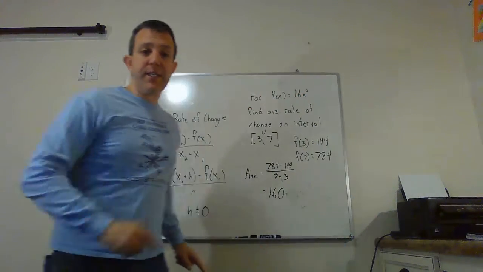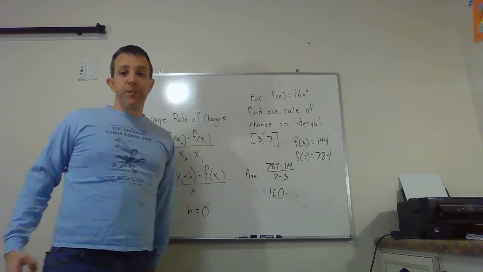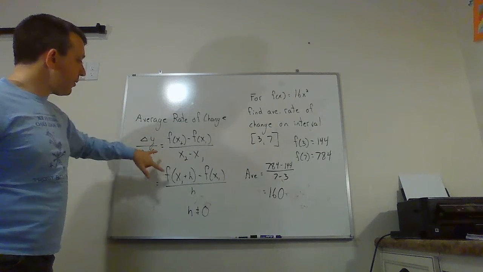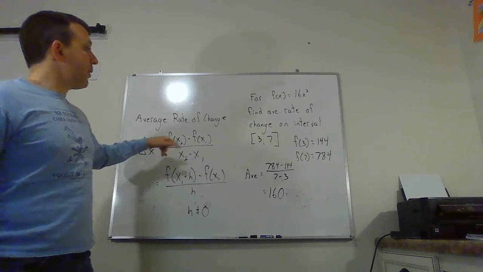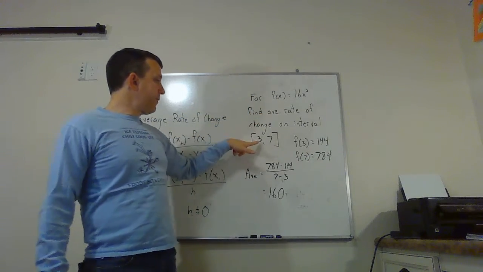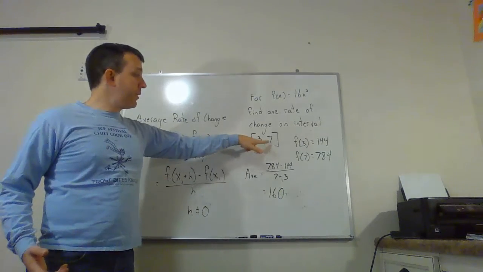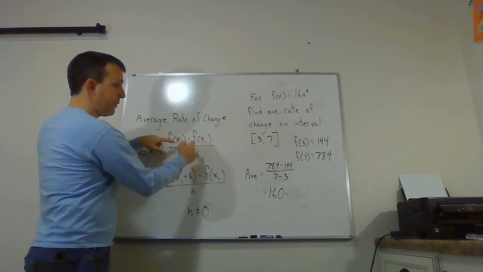So let's take a look at the example that I had before. f of x is equal to 16x squared. And I'll talk about why it works with either one of these. So I want to find the average rate of change on the interval from 3 to 7. Now, importantly, 3 is x1, 7 here is x2. All right, so 7 and 3.